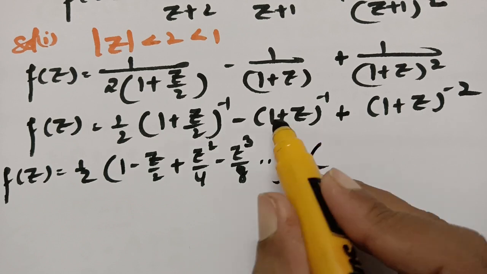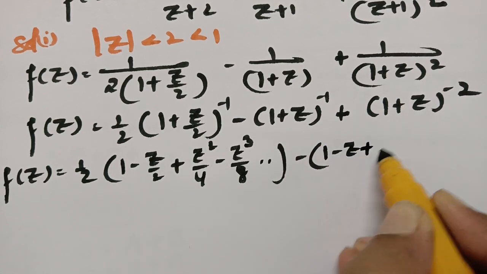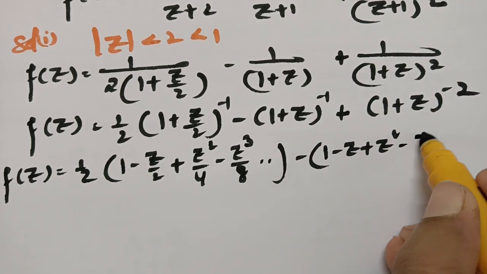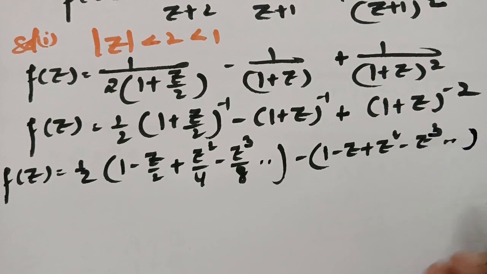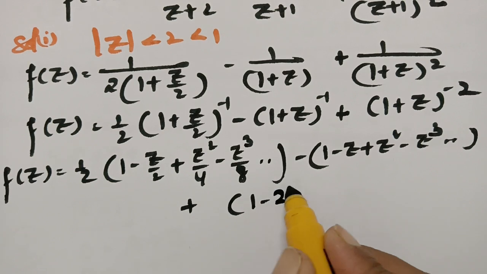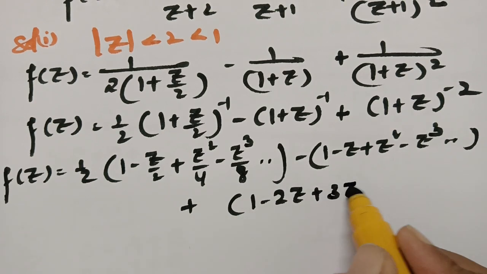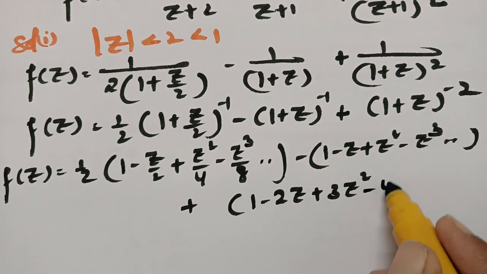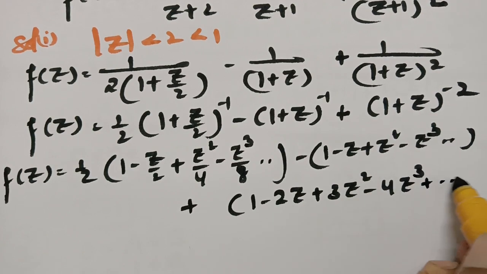And expanding this one, we get 1 - 2z + 3z² - 4z³ and so on.